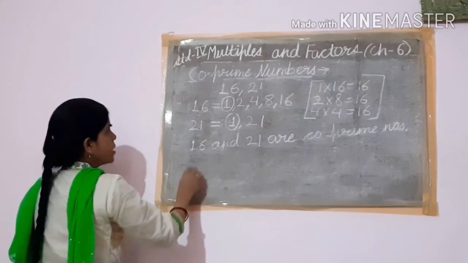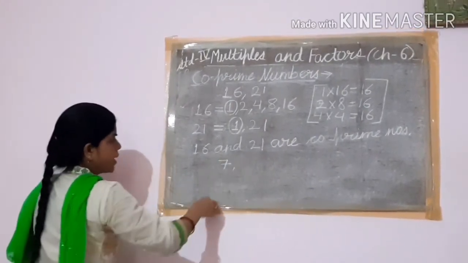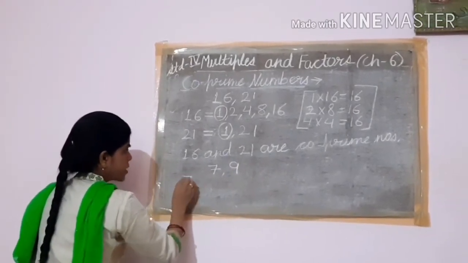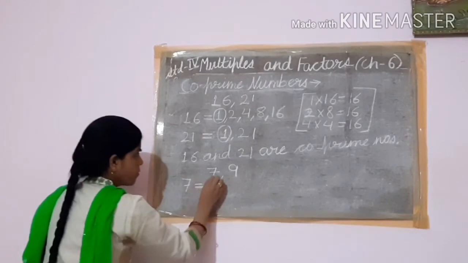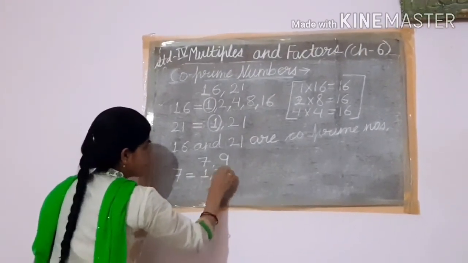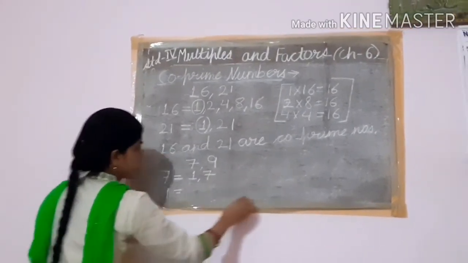You can take the example 7 and 9. Write down the factors of 7. 7 has only two factors because 7 is a prime number: 1 and 7. And 9, how many factors?